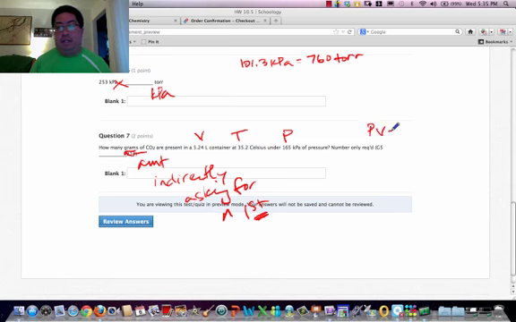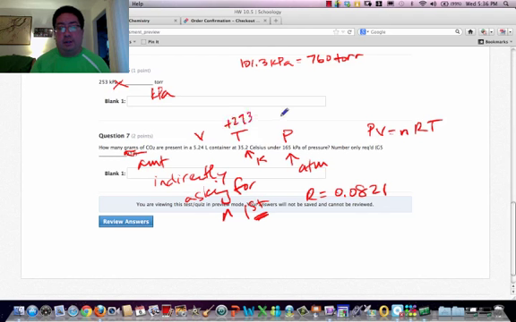So PV equals nRT. We have our V. Remember, T we're going to have to convert to Kelvin. We have our pressure, but remember our pressure needs to be in atmospheres, so we need to convert this into ATM. And R, remember, is 0.0821. To convert the temperature, you add 273.